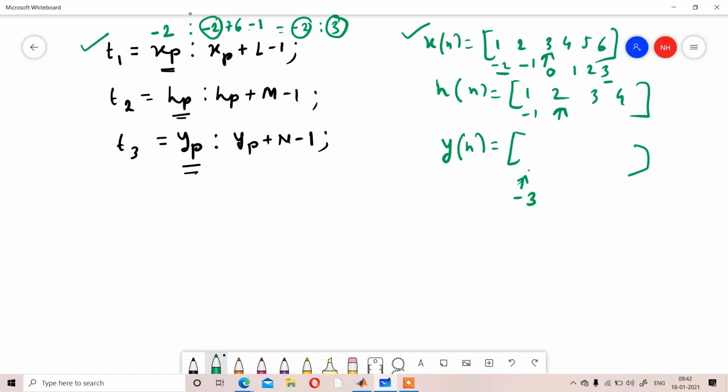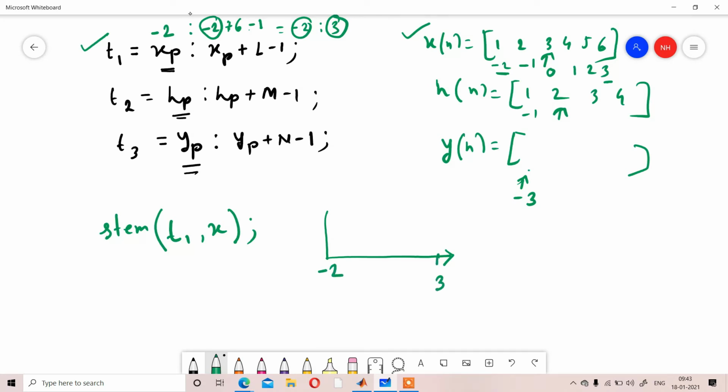Simply, when you do the stem of x, or simply when you display the output x, you display it with respect to T1. In the graph, the length will be T1, meaning it will start at minus 2 and end at 3.